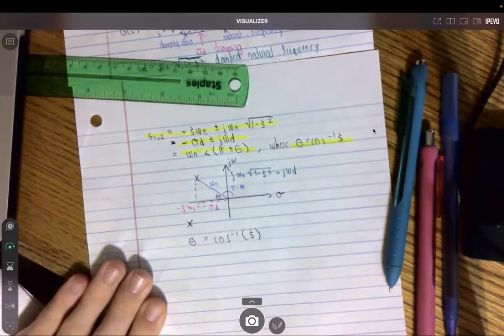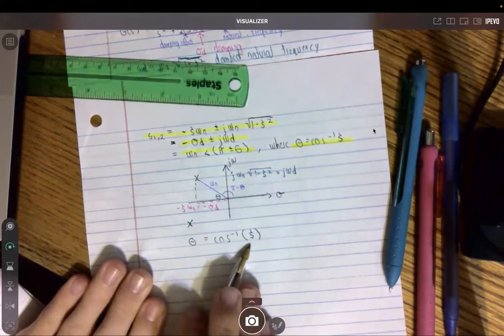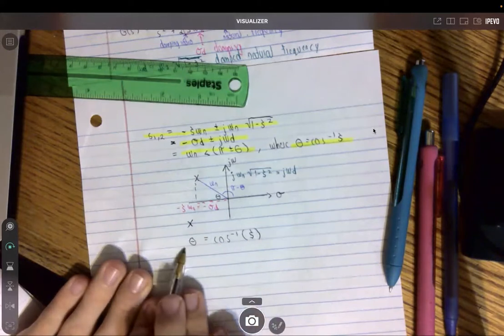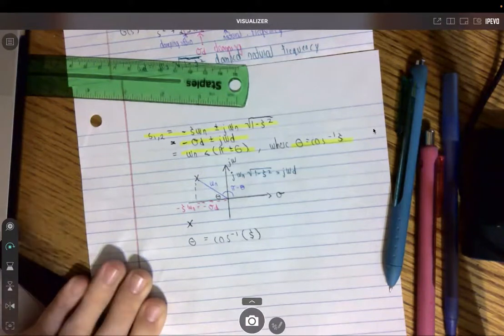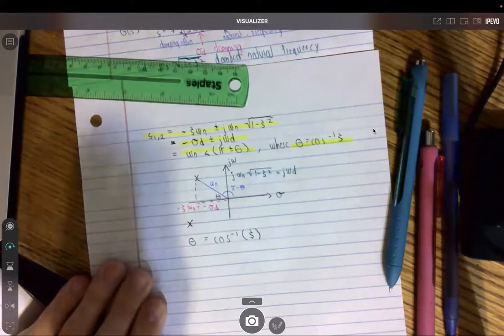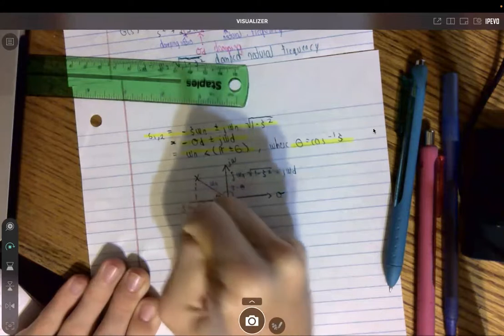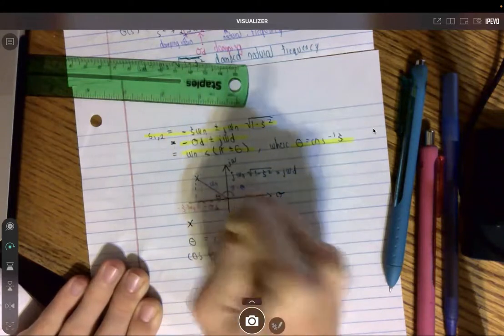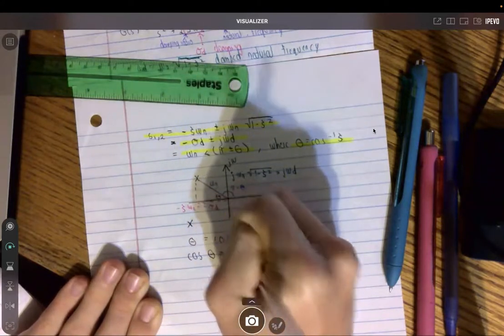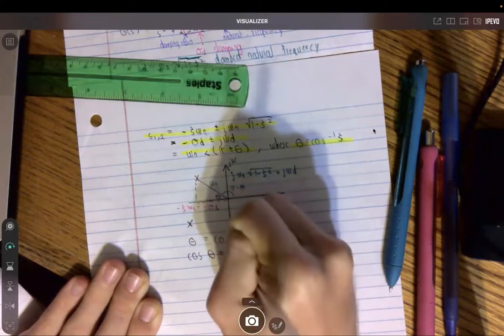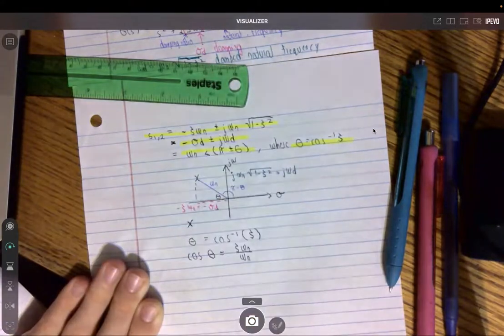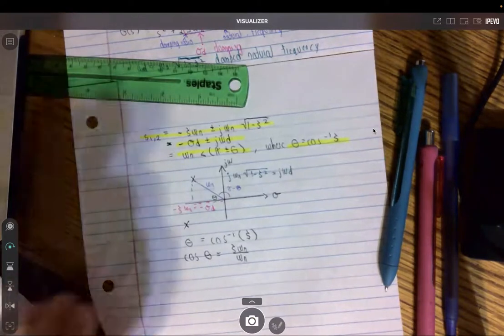The nice part about this is if you know your zeta, you can easily calculate your theta value in order to have a good interpretation behind it. But you can also say cosine of theta is equal to zeta omega n all over omega n, your natural frequency. That comes in handy as well.